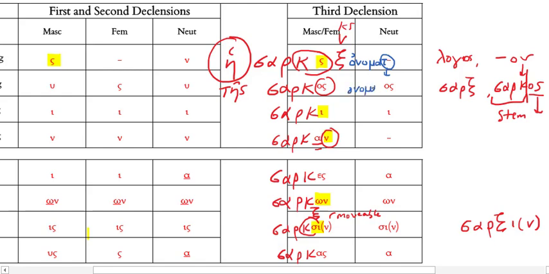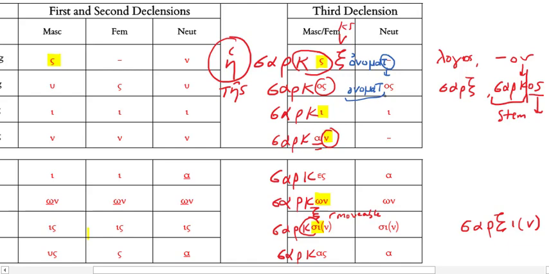In the genitive, though, it's onomatos. Do you see how in the genitive I get to see my whole noun stem? The tau doesn't drop out because it's not at the end of the word. And so what do I do to find my real true blue noun stem? Drop the -os, and I'm left with the real noun stem, onomat. So there is a tau in this noun stem.